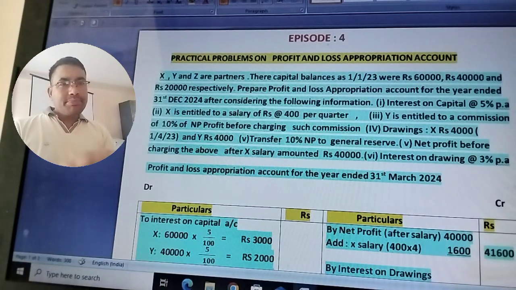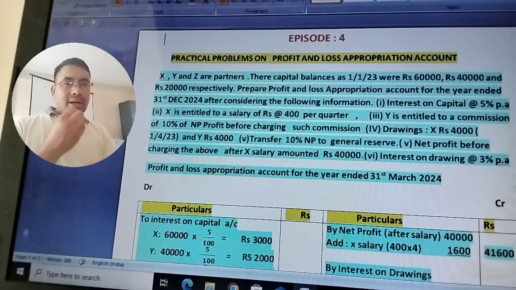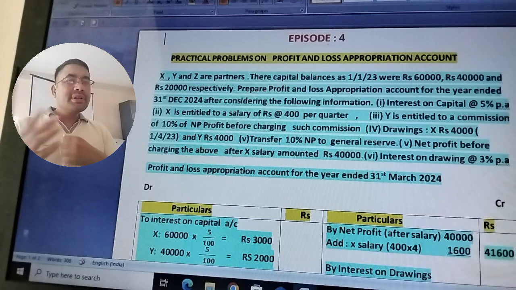But the net profit has already deducted the partner's salary, that is 400 into 4, that is 1600, which is absolutely incorrect. So the net profit that is given, 40,000, should be before partner's salary, but it is after salary.